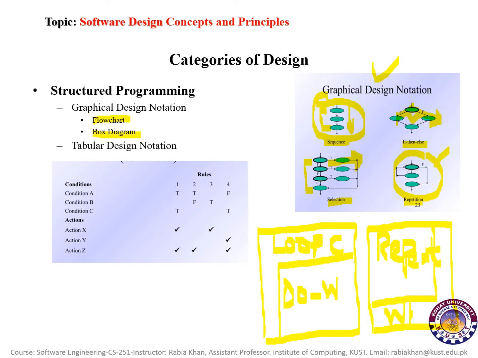So this is this one. The first one shows the while do box, and the second one shows the do while. First the sequence of instructions will have to be executed, and then the condition is verified or checked. So in this way, for repetition, this diagram represents these two boxes, either do while or while do.